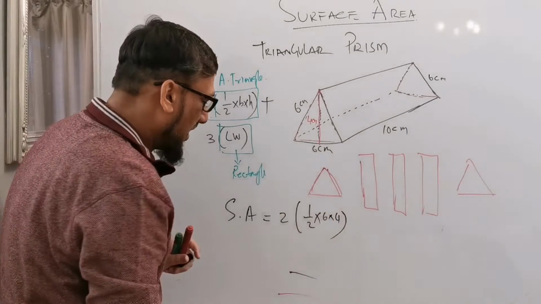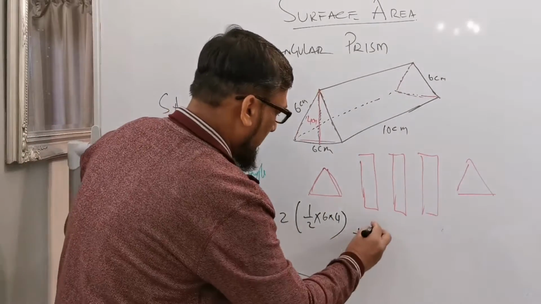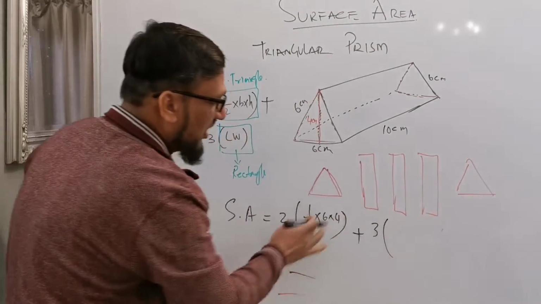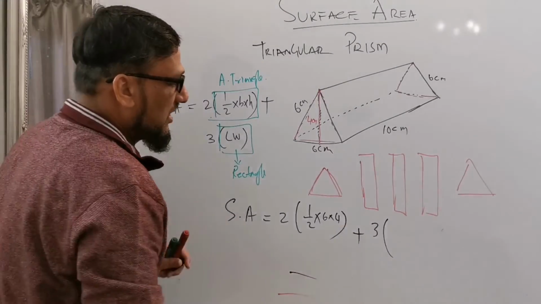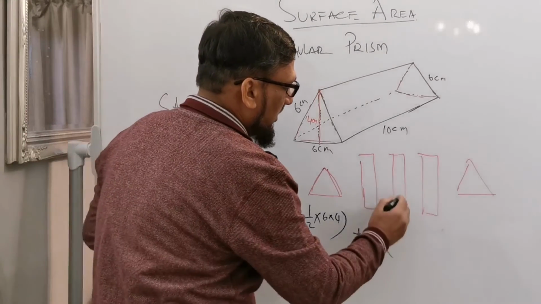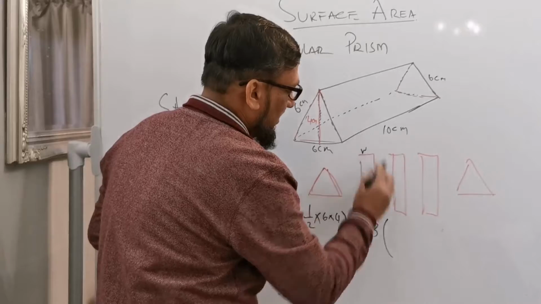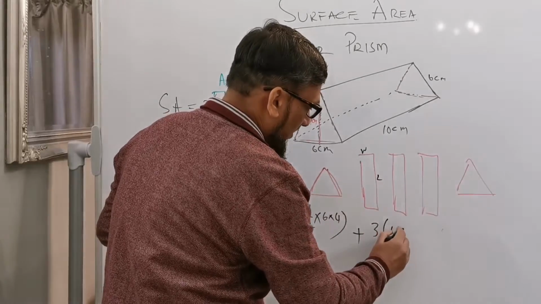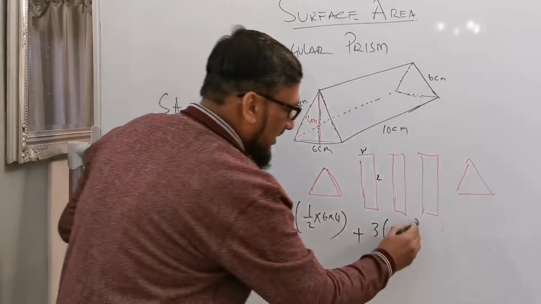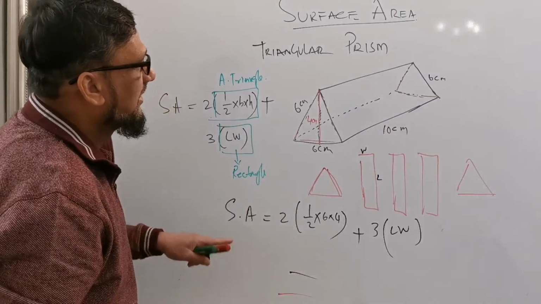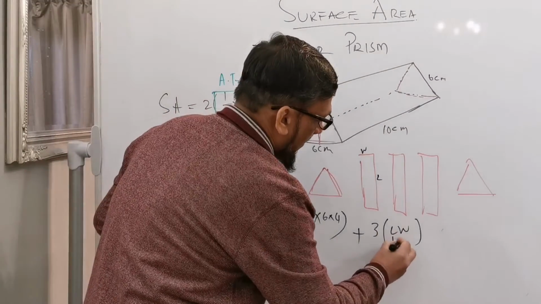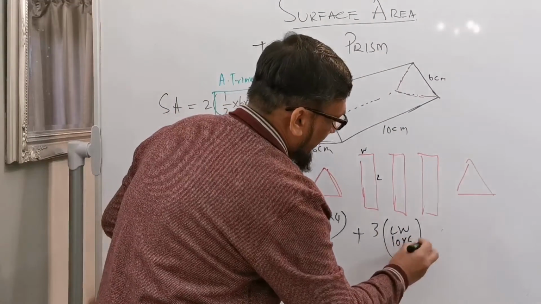Plus 3 times, how many rectangles? There are 3 and the same formula. This is the length and this is the width. So length times width, so 10 times 6.